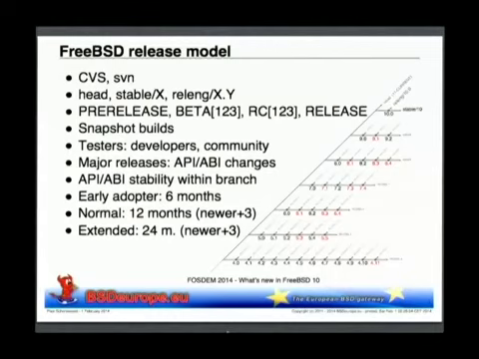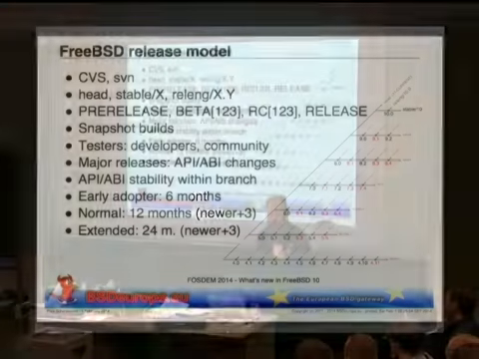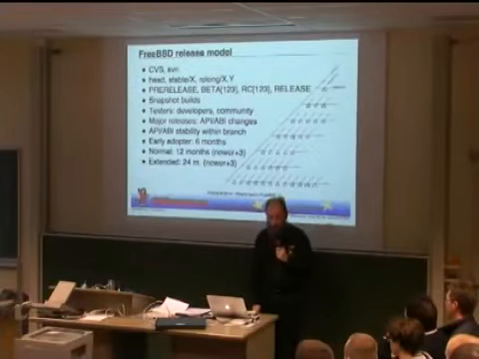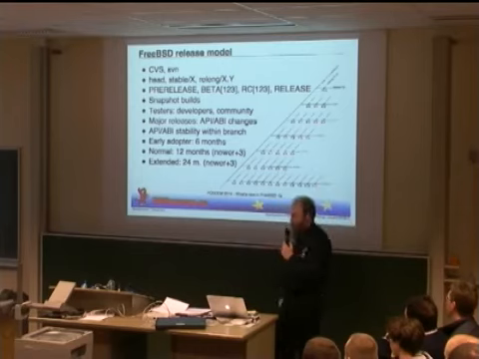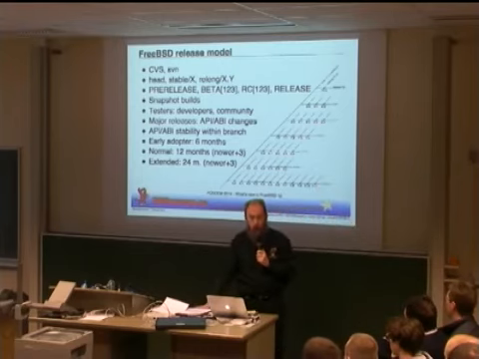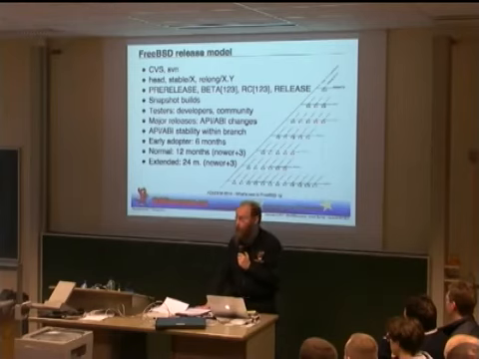One thing very important in the FreeBSD release model is that within a major release, one of the horizontal lines, the kernel application programming interface, but also the kernel application binary interface remains unchanged.